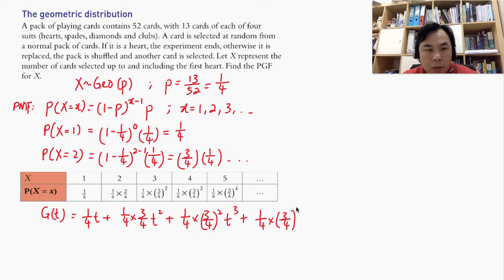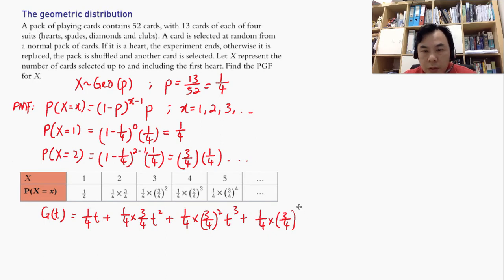To the power of 4 here, and then t to the power of, let me see, what do we have here? This is 2. Oops, sorry, there's supposed to be a 3 here.